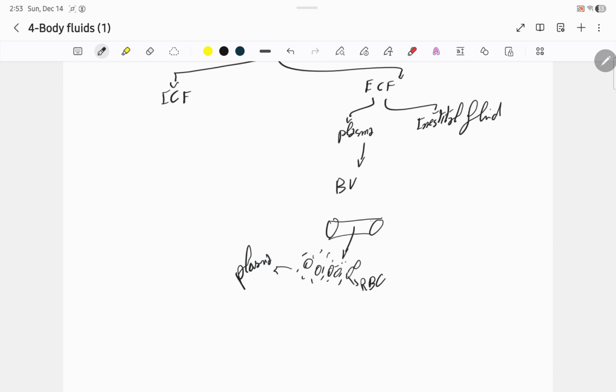So this is in the blood vessel, and the interstitial fluid is around all the cells but not in the blood vessels. Here, for example, I have cells, and there is a fluid which circulates here. This is the interstitial fluid.